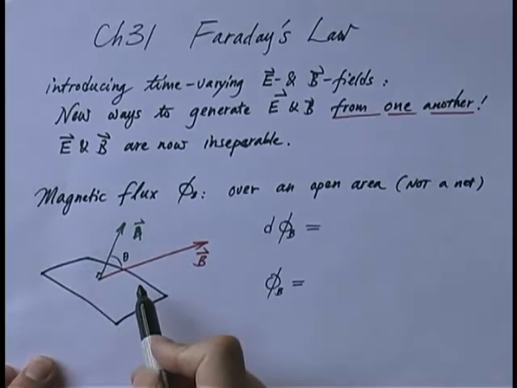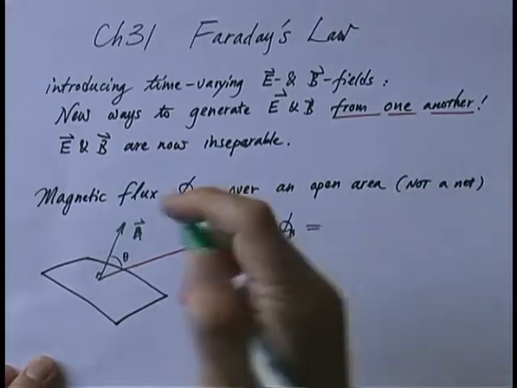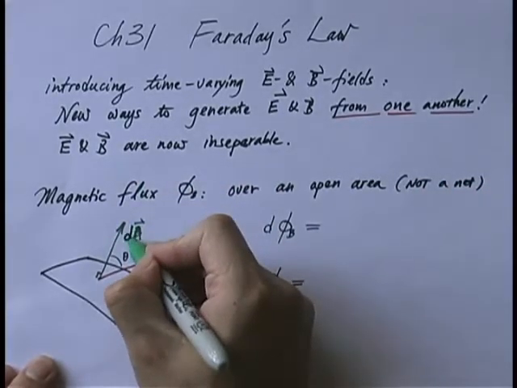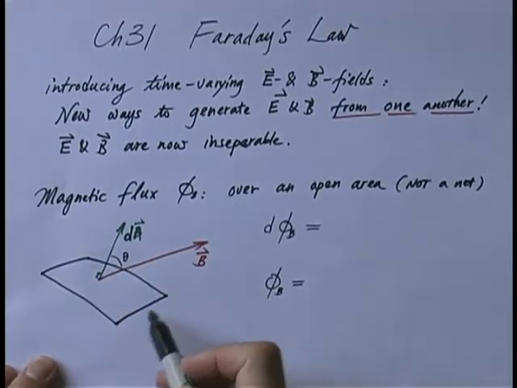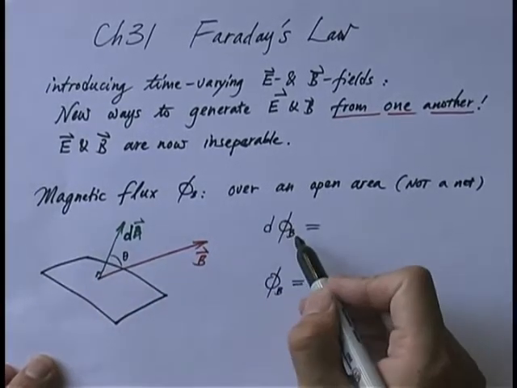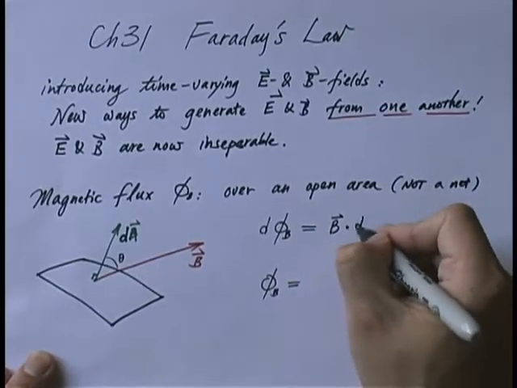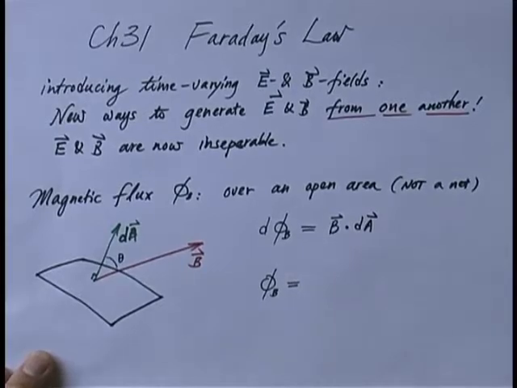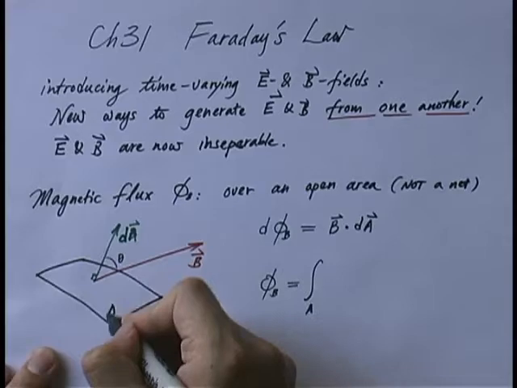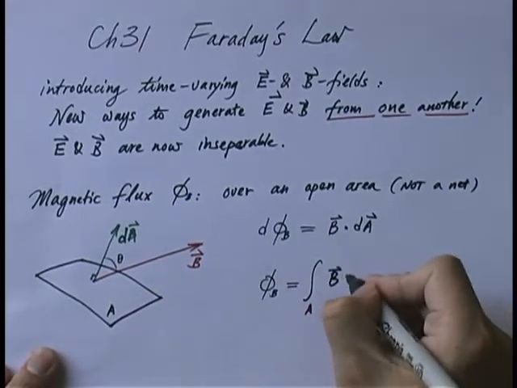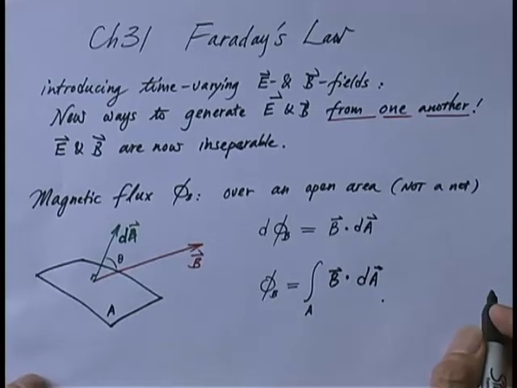Rather, I'm going to divide this area into pieces, and each piece only has a small area element, which I call dA, and I can then find the magnetic flux over this tiny area, d phi B. As you know, the definition would be B dot dA, right? And if we integrate, we will get the magnetic flux over this entire area A, the integral of B dot dA, just as we would define the electric flux.